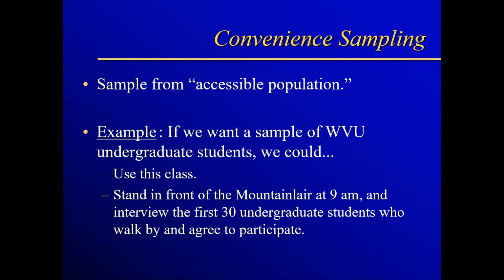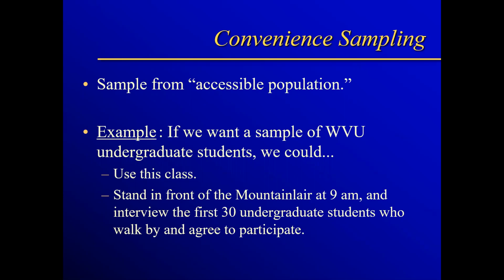Even though we talked about how you may differ because you are psych majors, you may differ from the average West Virginia student, you still are a good source to get the average West Virginia student. You may differ, but you still all are WVU students. So I can still ask you and then generalize those findings, right? But I can't be as confident about my findings than if I did some of the probability sampling.